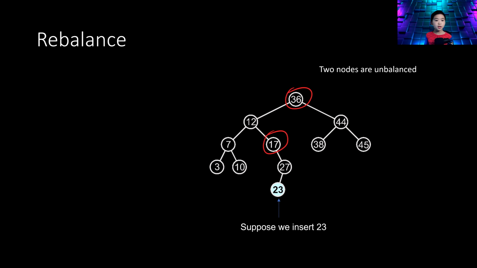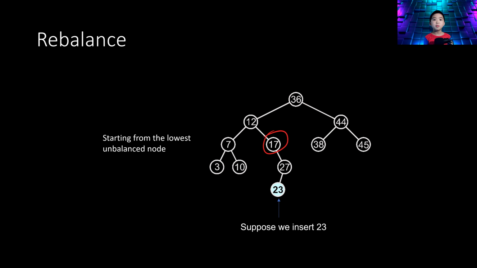Not every node along this path will be unbalanced. For example, the node 12 is still balanced because the height difference between the left and right subtrees is now 1. But the node 23 is unbalanced because the left subtree has the height of 3 and the right subtree has the height of 1.